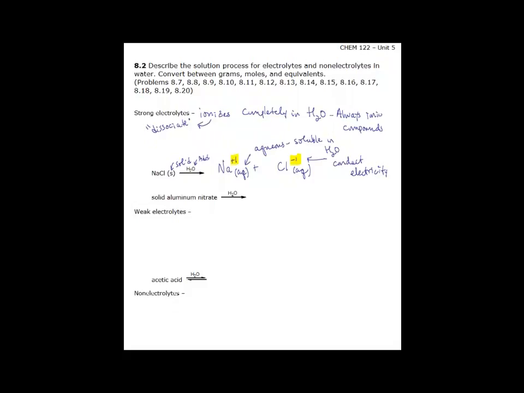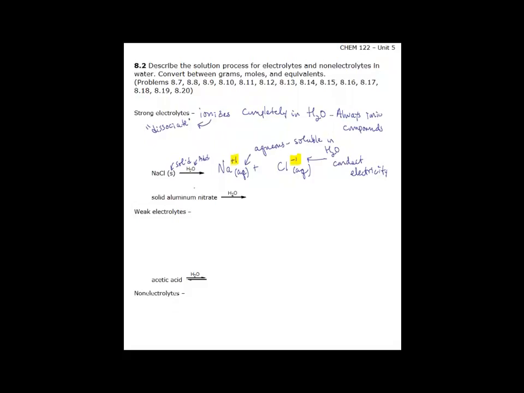So, let's look at this next reaction that I have written. Solid aluminum nitrate. When you put that in water, what's going to happen? Well, aluminum nitrate, is it an ionic compound? Yes, it is an ionic compound. You have a metal and a polyatomic ion. Now, since you guys have been reviewing for your final, you can probably tell me very quickly what the formula for aluminum nitrate is, right?